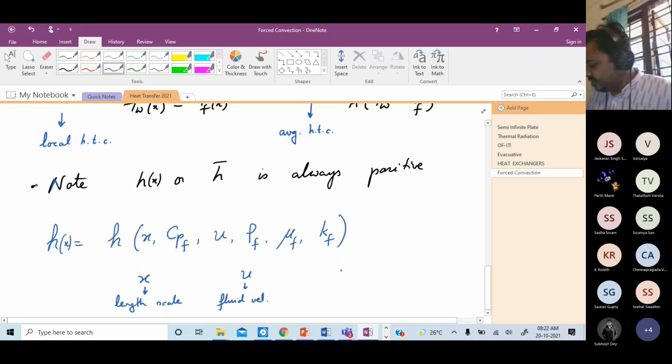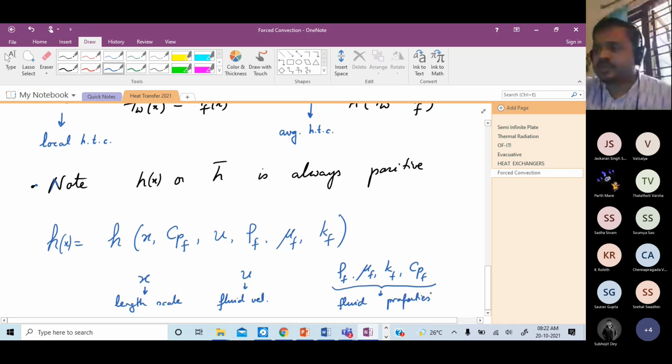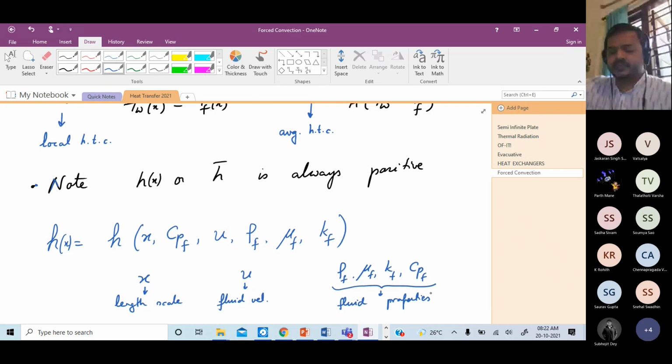And then I can put all of these together: rho, mu, K, and Cp. These are all fluid properties. Okay. So your heat transfer coefficient will be depending on all of these.